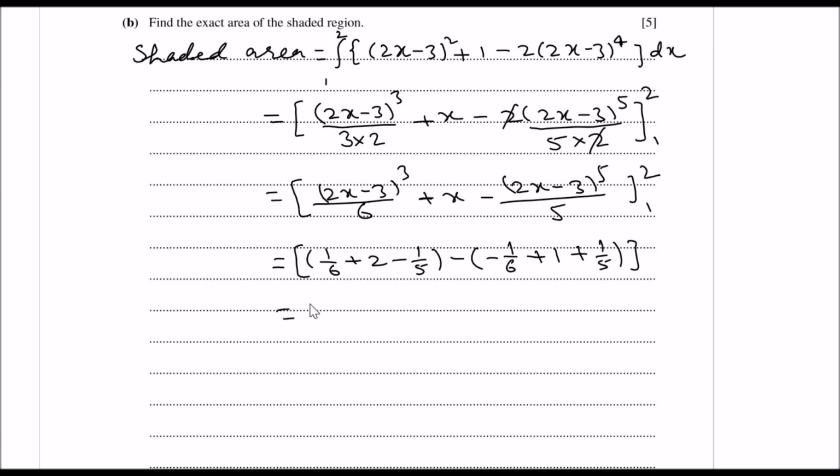Now we can open this, so we get 1 by 6 plus 2 minus 1 by 5 minus minus plus, so 1 by 6 minus 1 minus 1 by 5. If you combine all this, we get 14 by 15. You can put it in the calculator and calculate. We get 14 by 15, that will be in square units, because this is area.